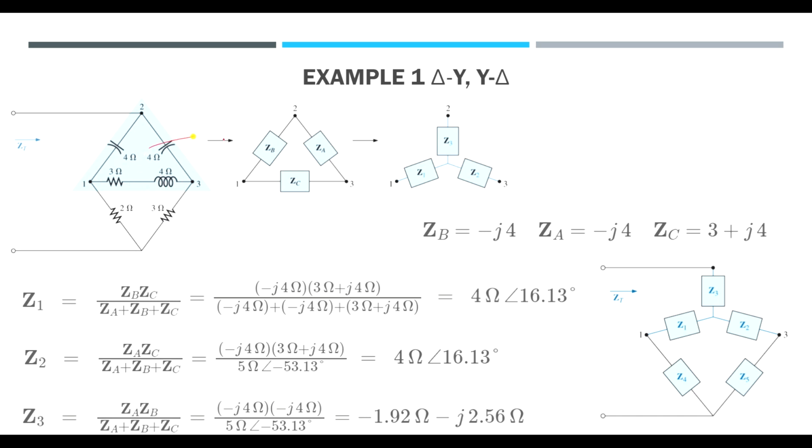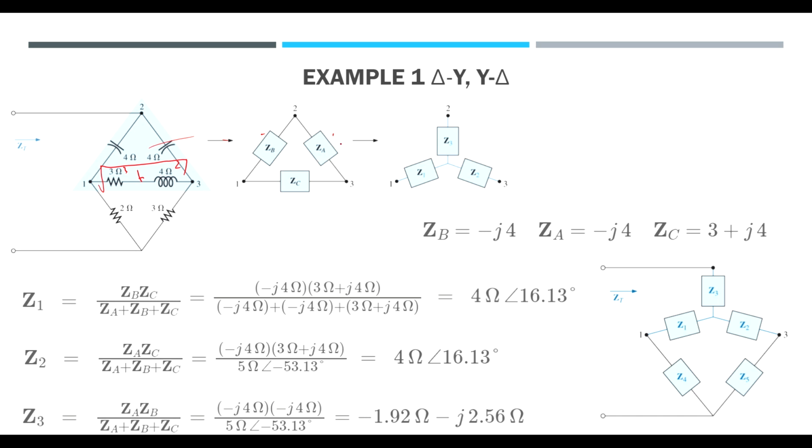So first, this part can be rewritten as the impedance of capacitor A, B, and the total impedance of the leg C, which is the resistor squared plus the reactance of the inductor squared, and you get the total impedance.